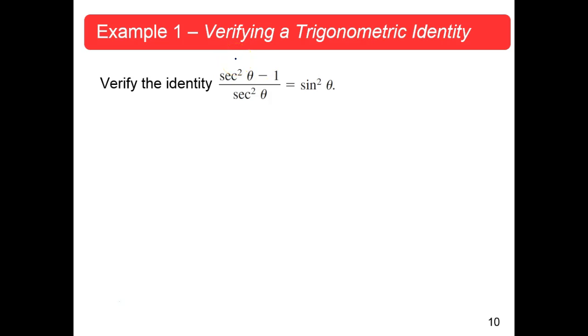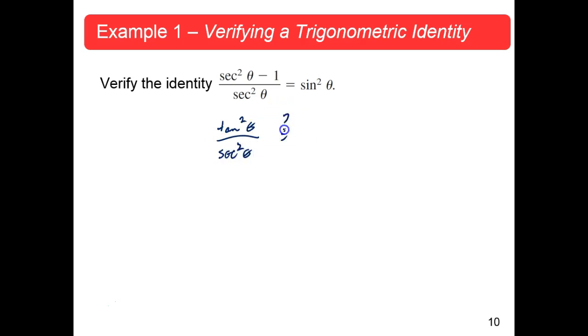When you see the squares, what should you think? Pythagorean identities. Now, secant squared minus 1, is that one of them? That's tangent squared. So that would be tangent squared theta over secant squared theta.